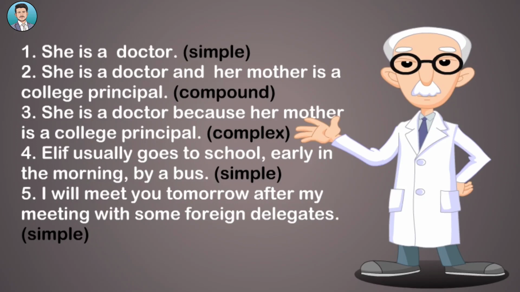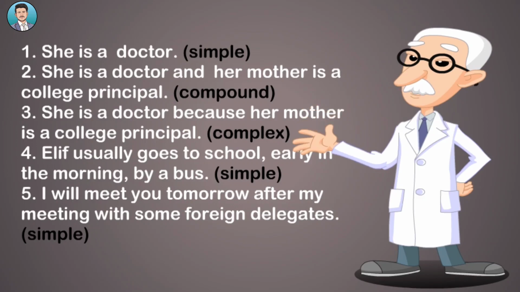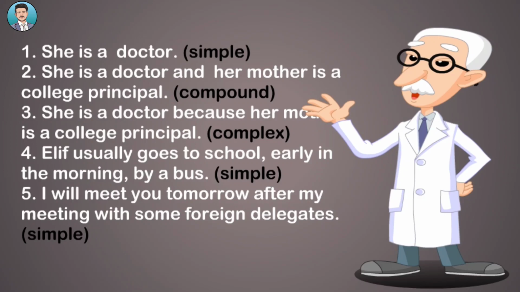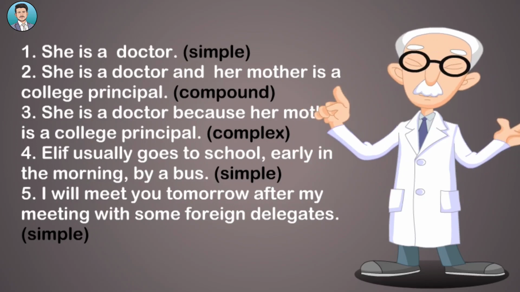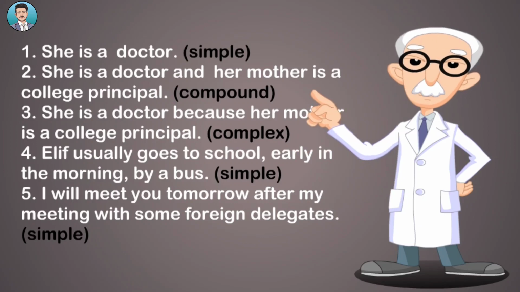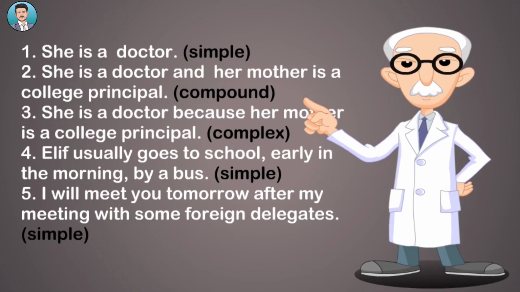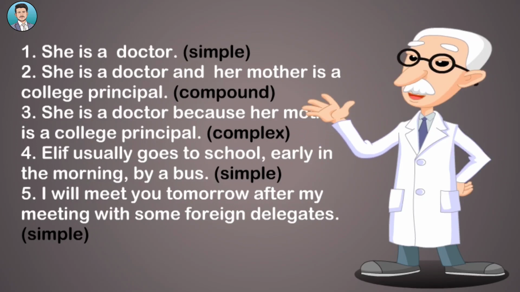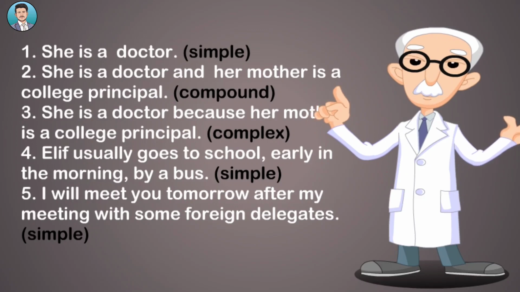Though the sentence is long, it carries some phrases like early in the morning, by a bus. But since these parts are just phrases and not clauses, the sentence remains simple because it carries only one main clause. So the sentence length does not determine the type of the sentence, but the structure.